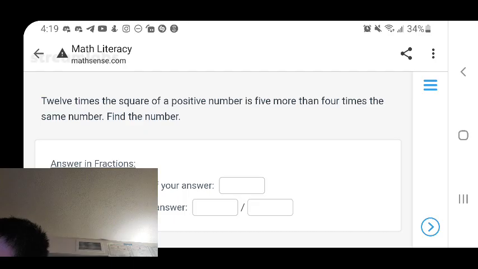It's like word problems. 12x squared minus 4x minus 5 equals 0. 3x, 4x. Let's try this, if this works. This is just like trial and error. I don't think it works. 1 and 5.